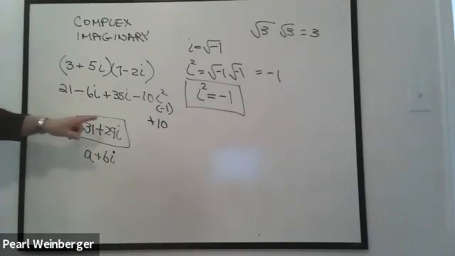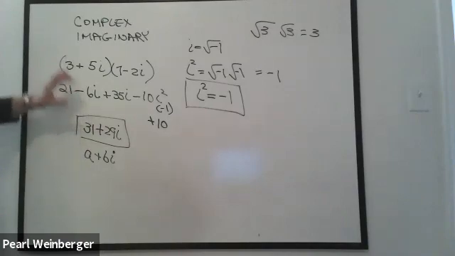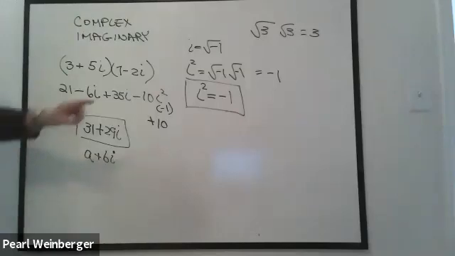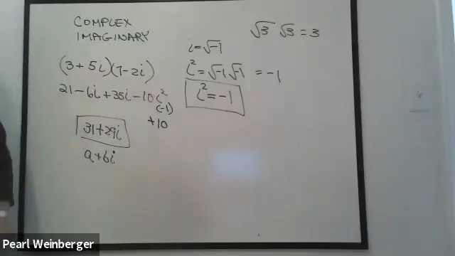This is 31 plus 29i. Notice the answer is a complex number because it has a real part and an imaginary part. But literally, the only thing that's different from regular FOIL is that when you see that i squared, you have to replace it by negative 1. So let's see if I gave you this question.